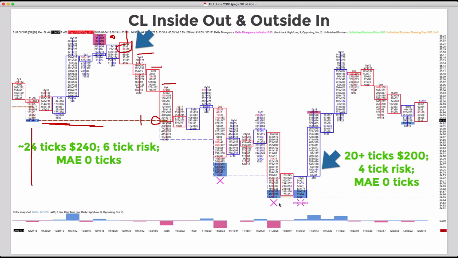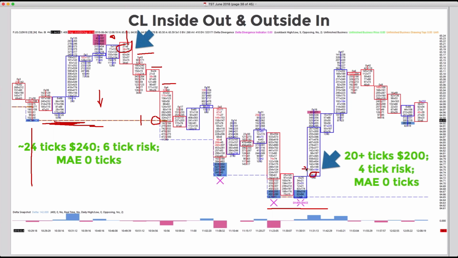Here we have an outside in trade. Because we had unfinished business here at the low of the day, we would not want to revert. We'd want to trade towards it. But here at the low of the day, we can see that we made a low with exhaustion. We made another low with a divergence. Now we're looking for our trigger. There's our buying imbalance.